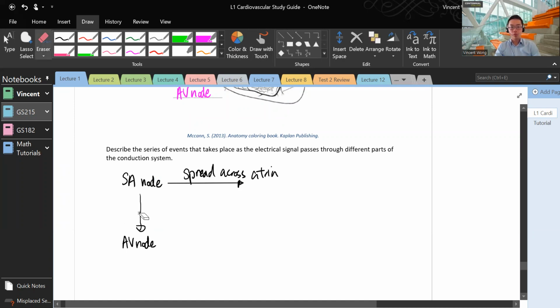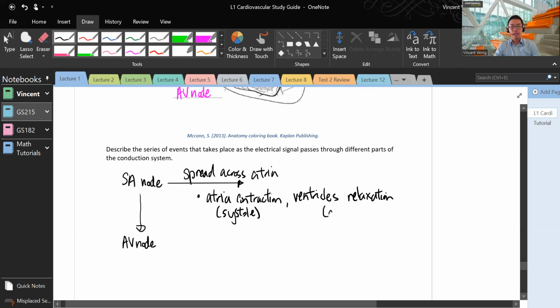So what's going to happen during this time? Okay, so number one, we have atrial contraction. Okay, when the atria contract, then the ventricles must relax. Okay, so this is systole and this is diastole.